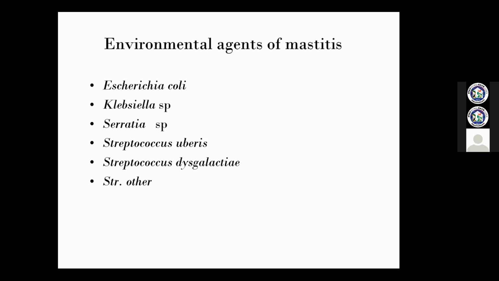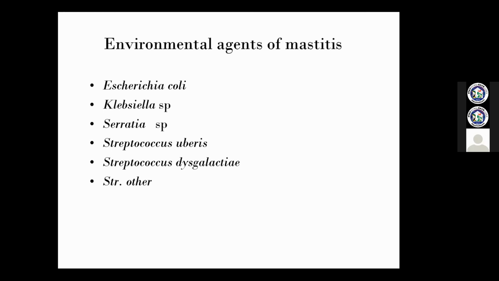Serratia is something we see from time to time, not a major problem, but we need to be aware of it. And the main thing with Serratia is in our quick methods of identifying gram-negatives, we need to distinguish Serratia, Klebsiella, and E. coli to be able to know what the next step is. Excuse me a second here.